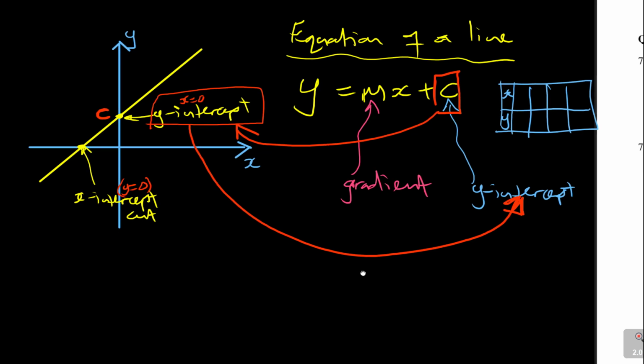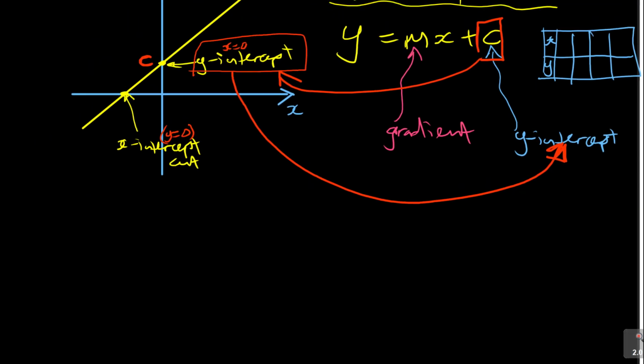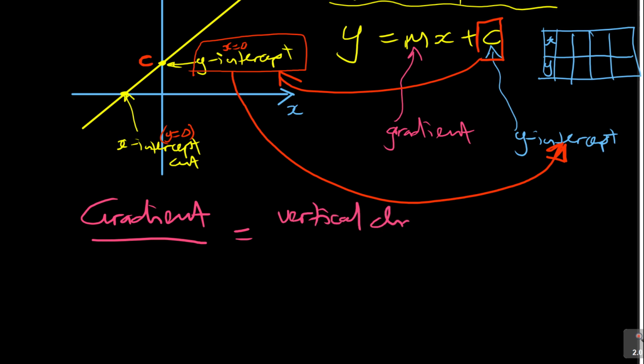Now, when it comes to the gradient, that's the second thing I want to show you. When it comes to the gradient, you need to know how to calculate the gradient. For now, we cannot use a formula like we will do in grade 10 and 11 and going forward. There is a formula for gradient, but for your syllabus, you just have to appreciate that the gradient is found by saying vertical change over horizontal change.